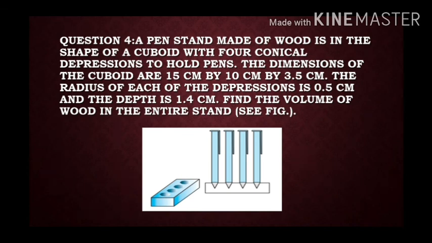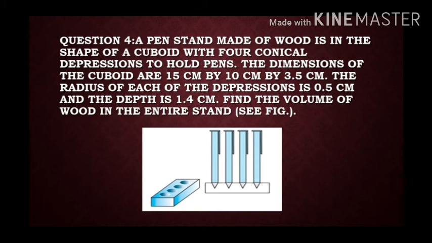Now, question number 4. A pen stand made of wood is in the shape of a cuboid with 4 conical depressions to hold the pens. Look at here, in the diagram it is given, these are the conical holes. The dimensions of the cuboid are 15 centimeter by 10 centimeter by 3.5 centimeter.